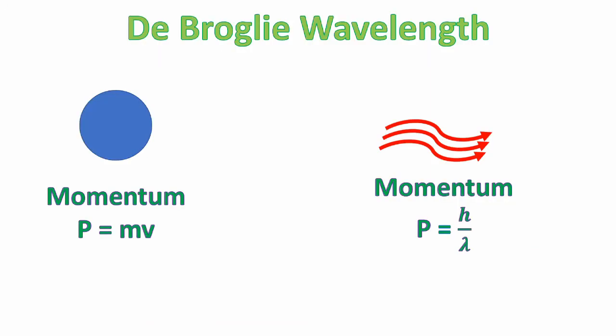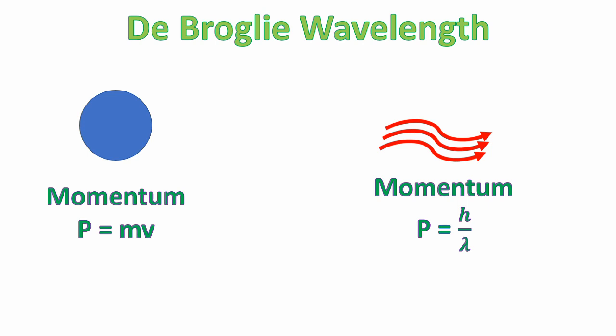And this is the wave nature of matter. You see, the scientist Louis de Broglie suggested that all particles tend to behave as waves as well, and that the wavelength of the wave that is formed by a particle can be found by comparing the momentum of both the particle and the wave.